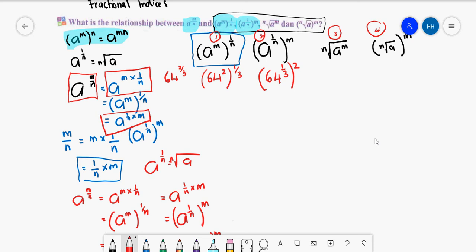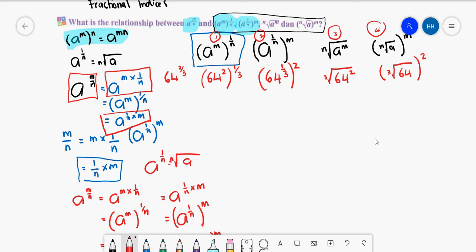The root here is 3, so cube root, the a is 64, to the power of m, the m is 2. And the last one, bracket cube root 64, bracket to the power of 2. So 64 can be written in these 4 forms.